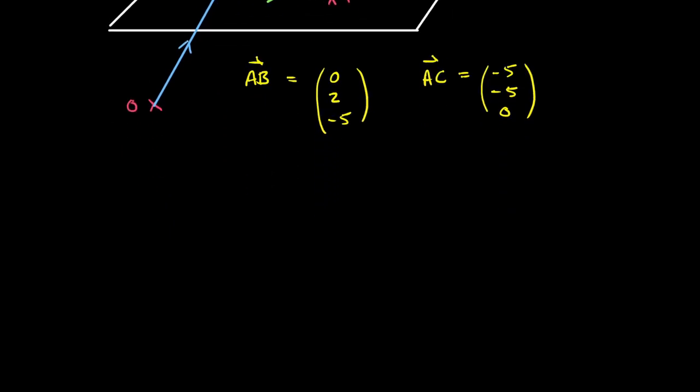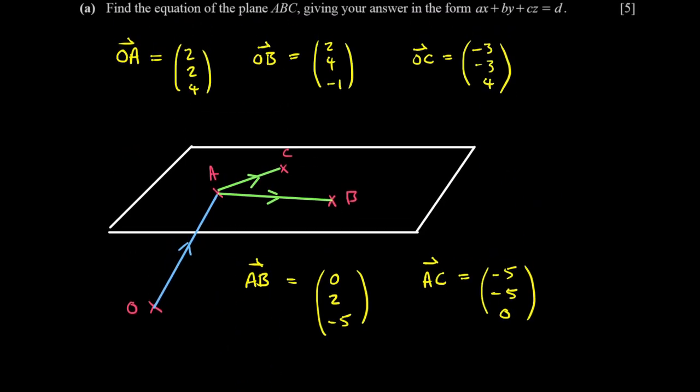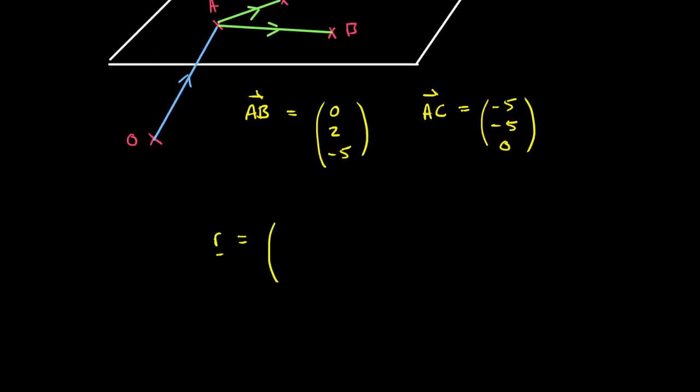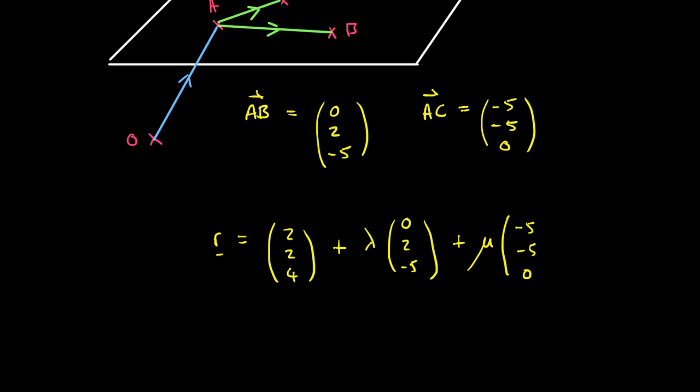And so therefore, I can say that the vector equation of my plane is r equals (2, 2, 4) plus lambda lots of this vector here, (0, 2, -5), the vector AB, plus mu lots of this vector here, (-5, -5, 0).